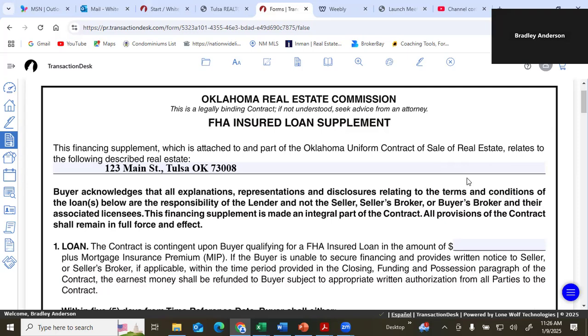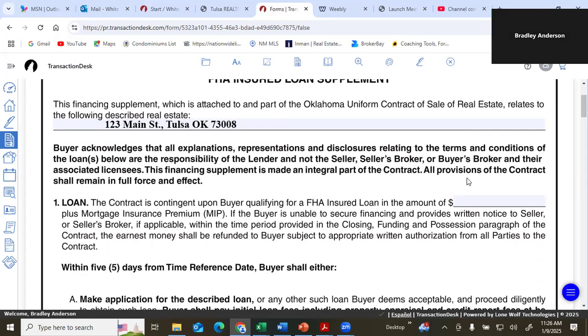You will find that some of this language is very similar to a conventional loan. It begins by saying buyer acknowledges that all explanations, representations, and disclosures relating to the terms and conditions of the loan below are the responsibility of the lender and not the seller, seller's broker, or buyer's broker.